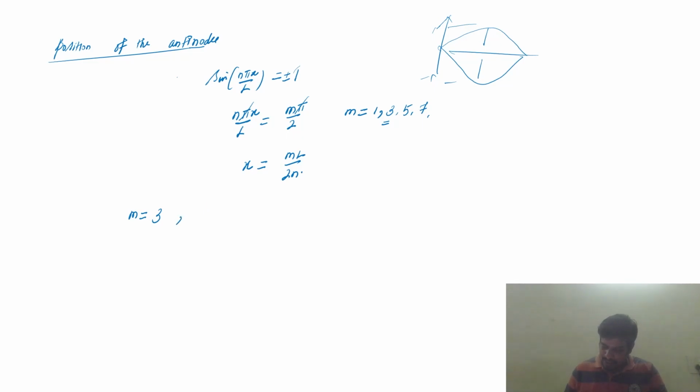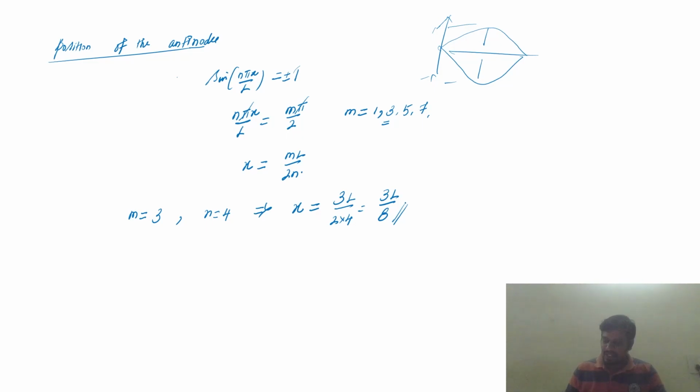We are going to find it at the fourth harmonic, n equal to 4. Finding the position of the antinode at m equal to 3, n equal to 4, the value is 3l by 2 times 4, so 3l by 8.